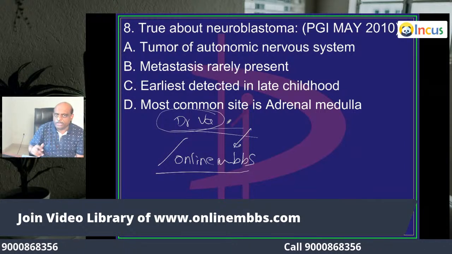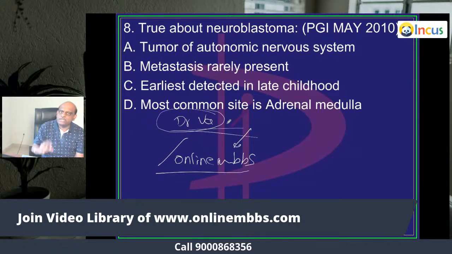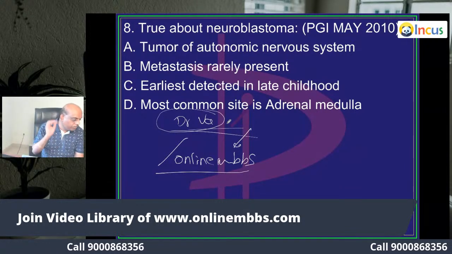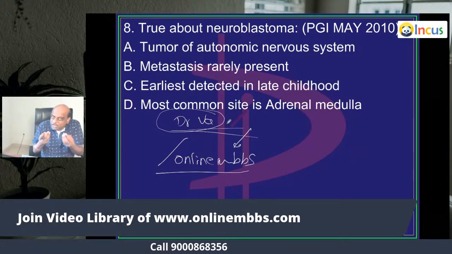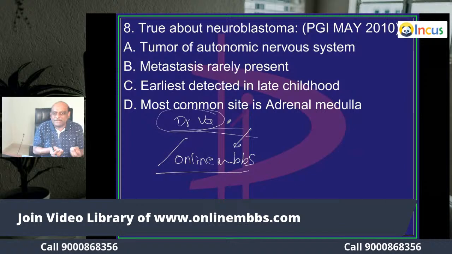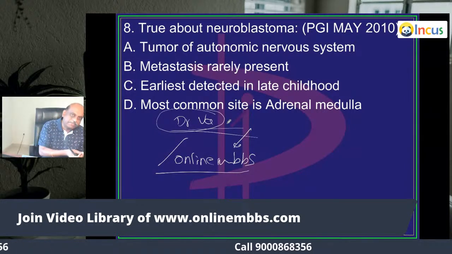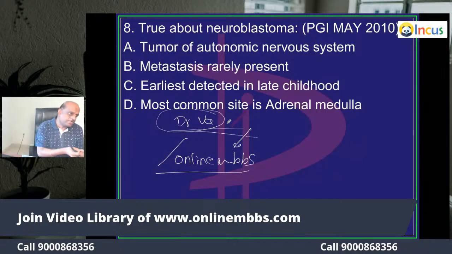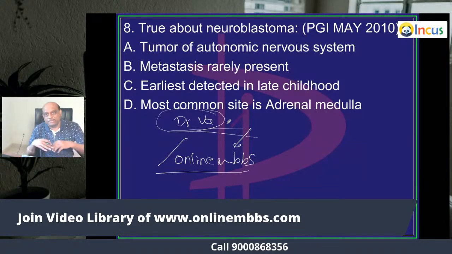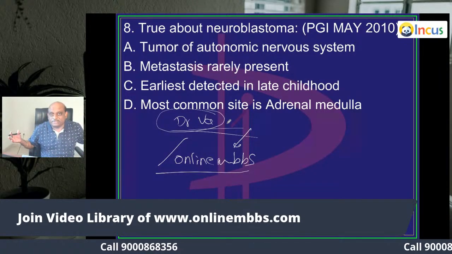But once more, I want to tell you, whether it is AIIMS, PGI, JIPMER, All India, NEET PG or FMGE, these are the issues: neuroblastomas, leukemias, Wilms tumors, cataracts, glaucomas, retinoblastomas, contraception. There are 953 high yield topics.